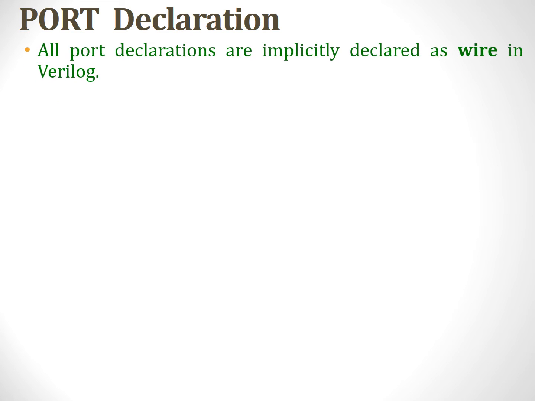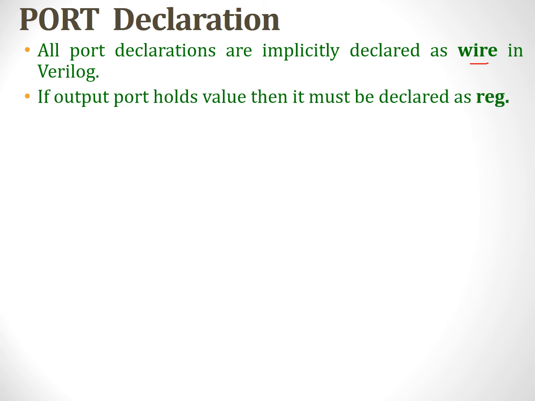It is very important to know that all the ports that we have declared, whether an input, an output or an inout, are by default, implicitly, declared as a wire. That is, their values can constantly change.